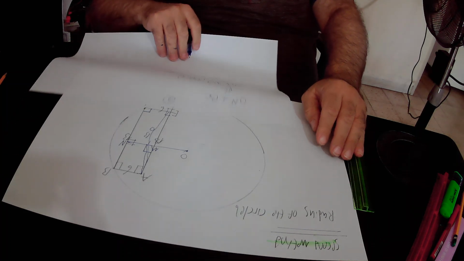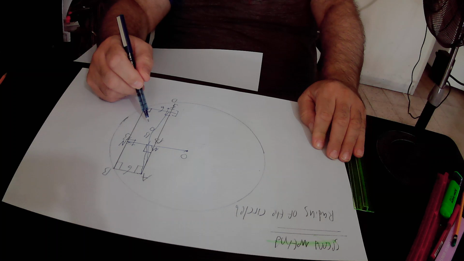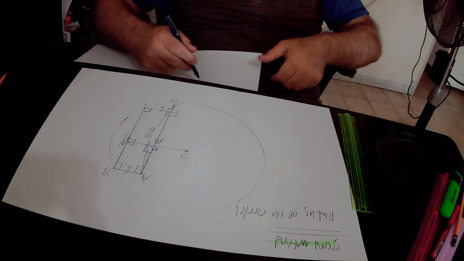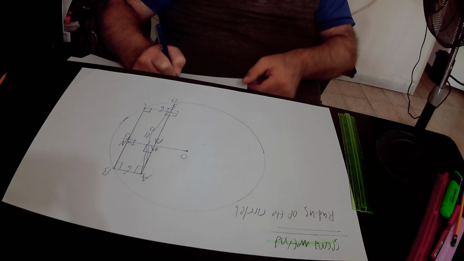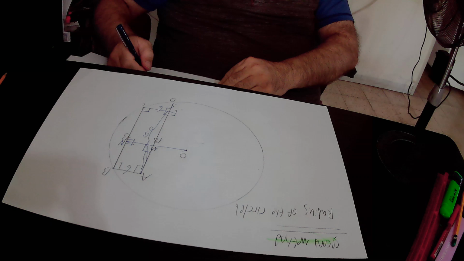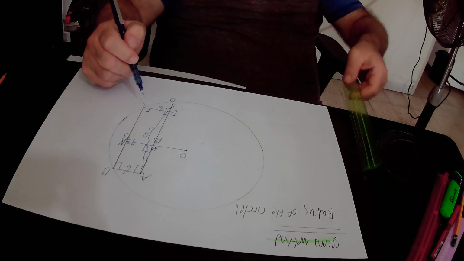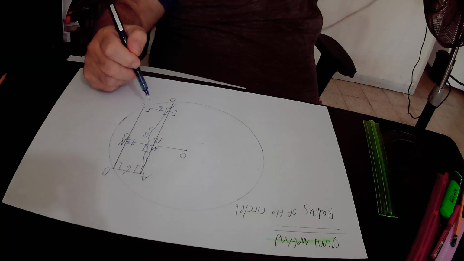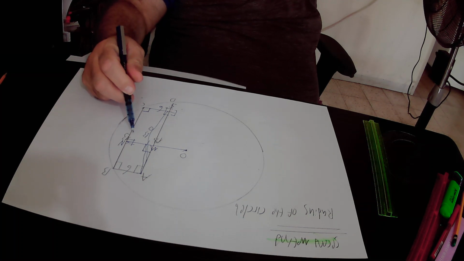In the next step, we will focus on quadrilateral MNEC, the lower quadrilateral MNEC. In quadrilateral MNEC, we have 1, 2, 3 right angles.